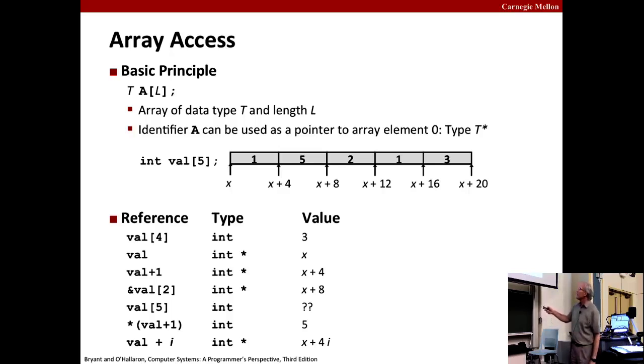And so similarly, val plus 1 denotes the value x plus 4, because it's the address of the next integer in the array.